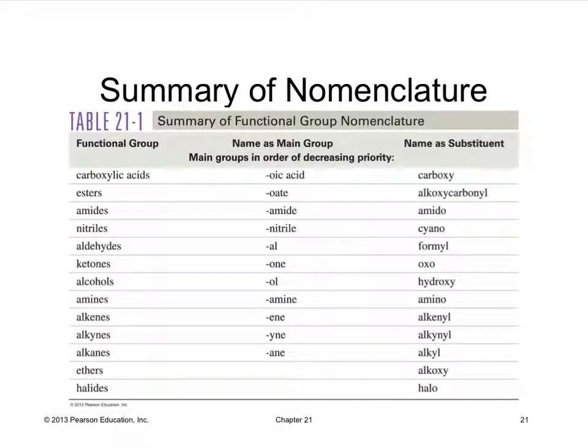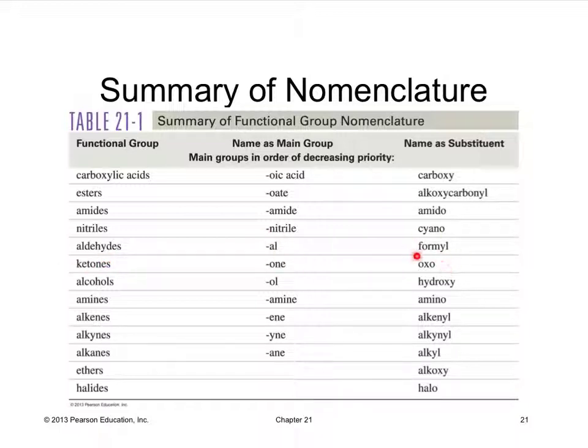If we summarize the nomenclature: carboxylic acids, if in the main group, are -oic acid, or if a substituent, carboxy. Esters are -oates or alkoxycarbonyl. Amides are amide or amido as a substituent. Nitriles are nitriles or cyano as substituent. Aldehydes are -al or formyl as substituents.